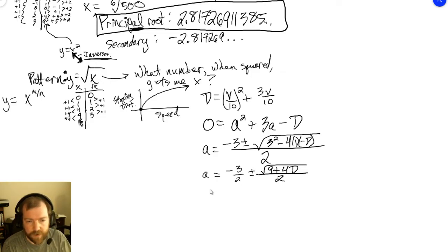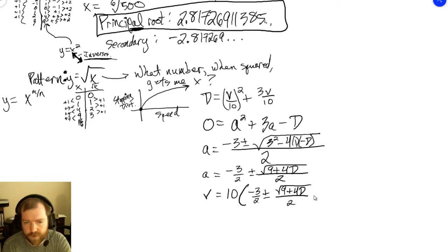Your a here, your velocity would be equal to 10 times all of that. So negative 3 halves plus or minus the square root of 9 plus 4d over 2. And I'm guessing we probably just want the positive answer.